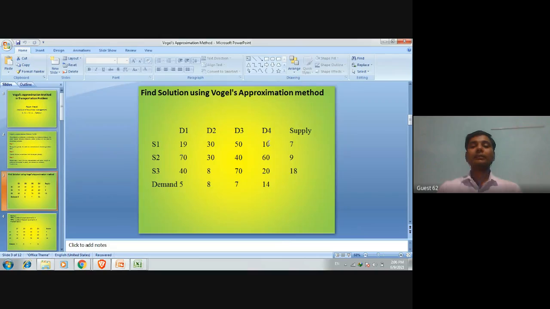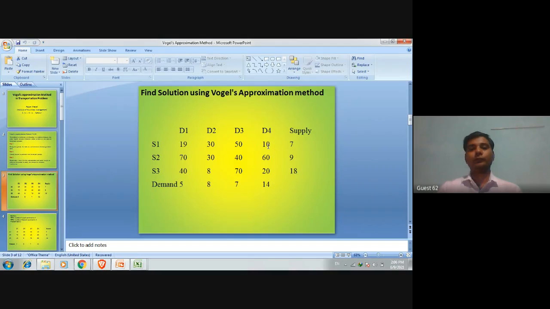You will select the two least costs in the row and column. Suppose the first row is S1. You will select the two least costs in this row. Here they are 19 and 10.